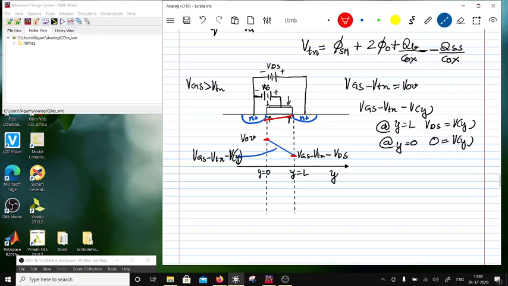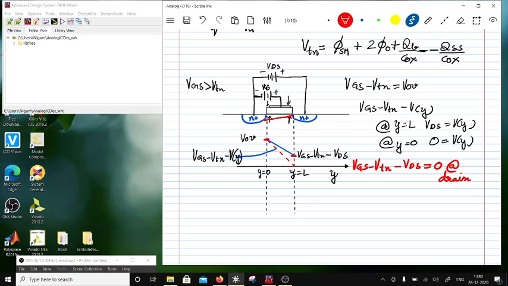Now if you keep on increasing the VDS, then there would come a point where it will be doing like that. That will occur for the condition that VGS minus VTN minus VDS becomes 0 at the drain.